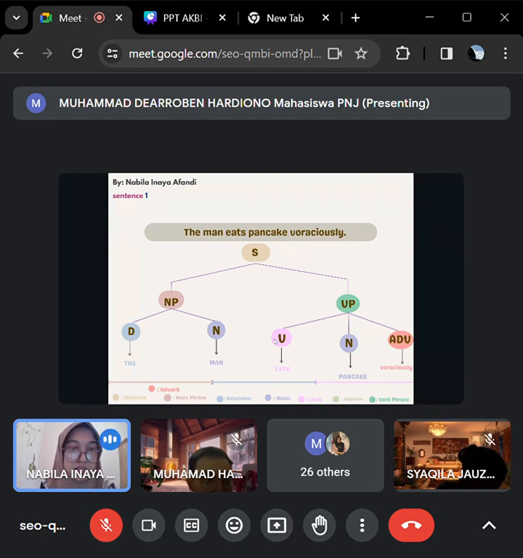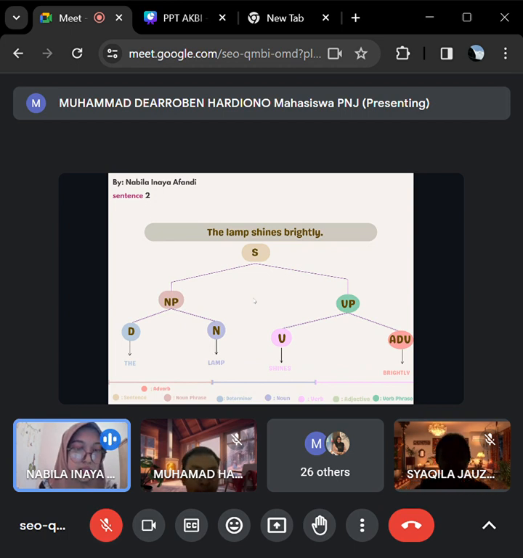The second element is VP, verb phrase, composed of three elements: V for verb, N for noun, and adverb. The verb is a transitive verb as it takes an object to complete its meaning, and the noun is pancake. The adverb is voraciously because it modifies the verb eat to describe the manner in which the man is eating the pancake. Next, please.